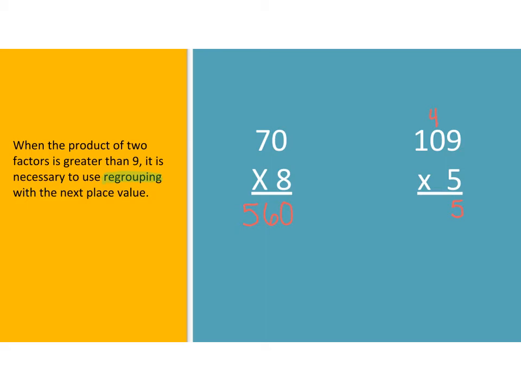But now we need to look at the 4 that I wrote above the 0. We're going to add that number to our answer. So 5 times 0 is 0, plus 4 equals 4. So I'm going to write that down below. And then 5 times 1 in the hundreds place is 5. So 109 times 5 is 545.